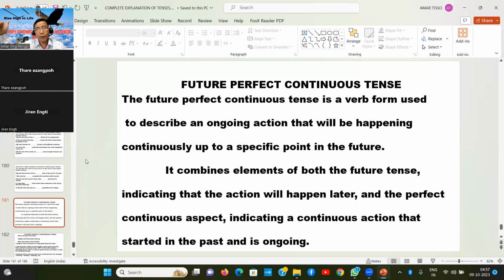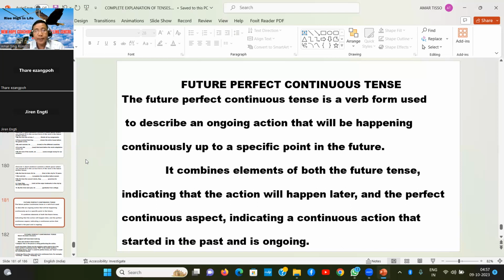You have to use future perfect continuous tense. So it combines elements of both the future tense, indicating that the action will happen later, let's say one month more, and the perfect continuous aspect.